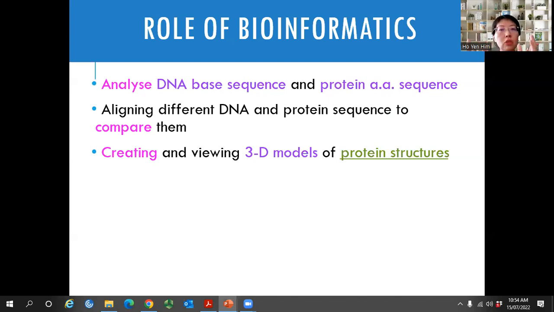So once I create this 3D protein, and I've got drug 1, 2, 3, 4, 5, I want to know which drug that I've created in the lab is able to bind to this protein and therefore inhibit its action. I can use the software to actually try it out and compare rather than try out on organisms. I can do it straight away on my computer screen. Isn't it better, faster, cheaper?